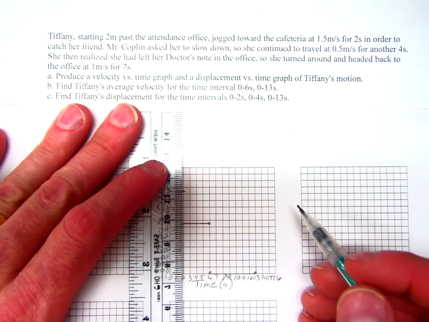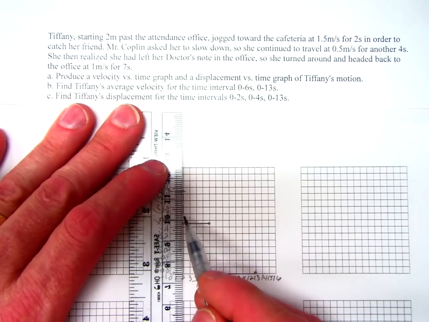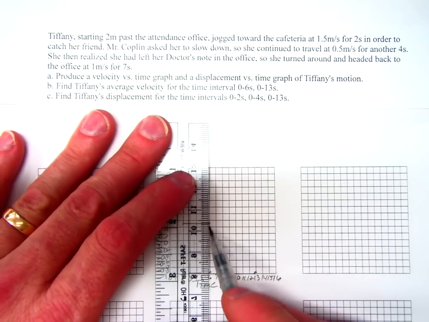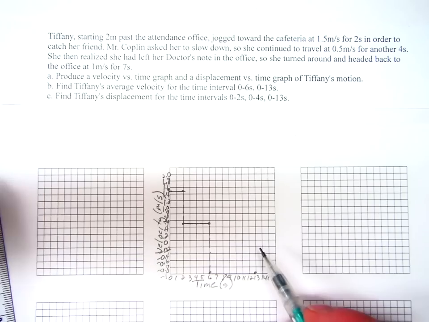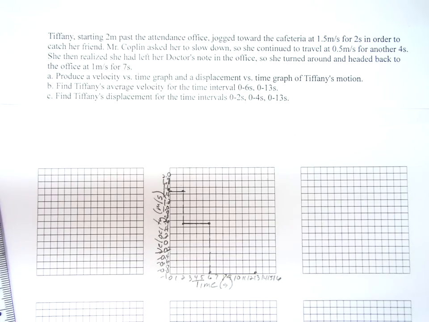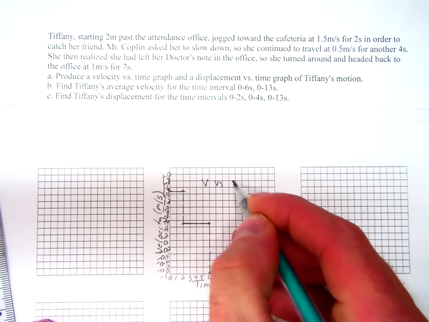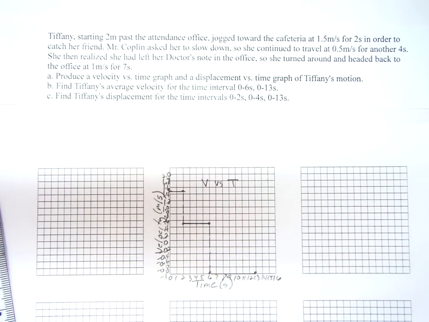And then there's some dashed lines representing the vertical asymptotes, the change in the velocity. Okay, so that's our velocity versus time, and you can write that v versus t on the graph. And then we're going to use this graph to figure out our position versus time graph.